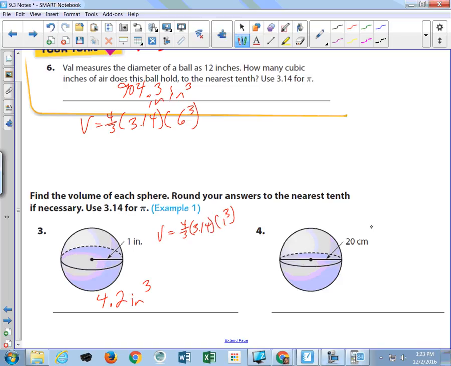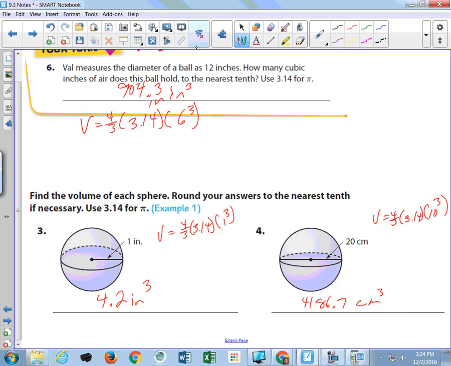Next problem. V equals 4/3 times 3.14 times our radius cubed, which would be 10, not 20. That is diameter. 4 divided by 3 times 3.14 times 10 cubed is 4,186.7 centimeters cubed.